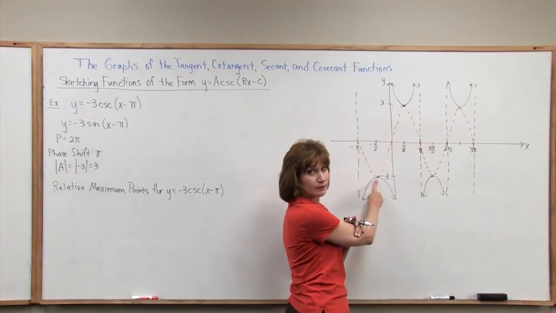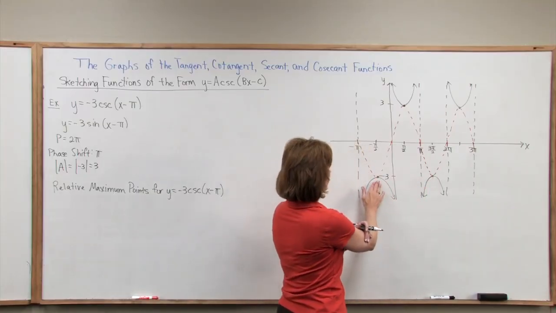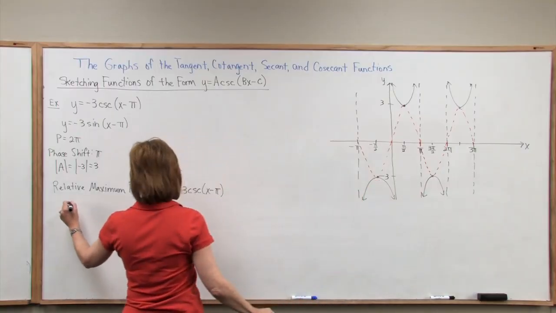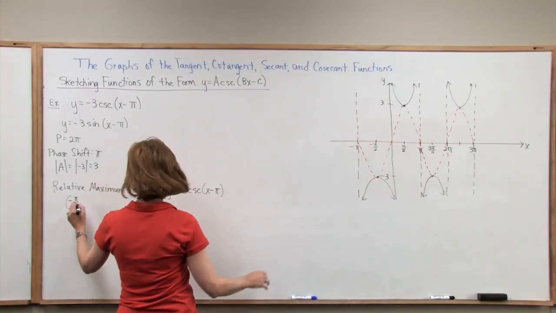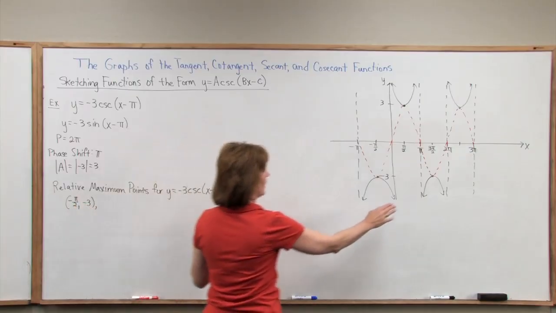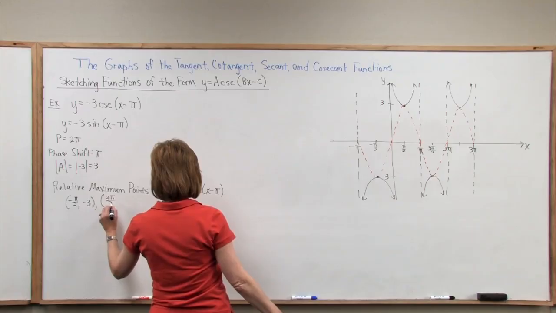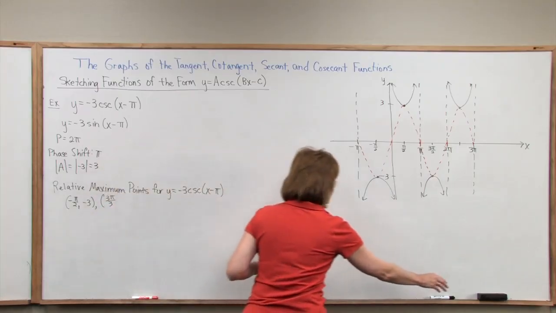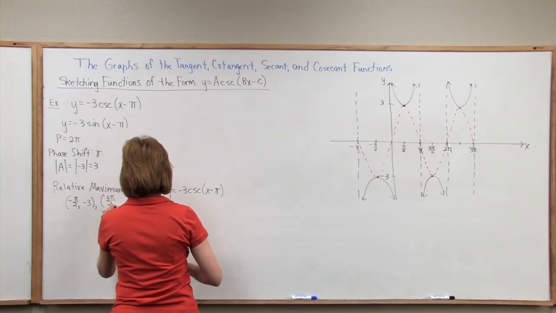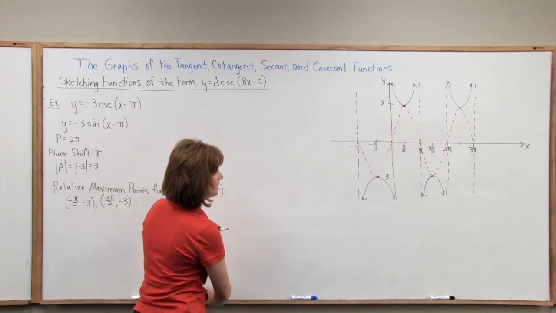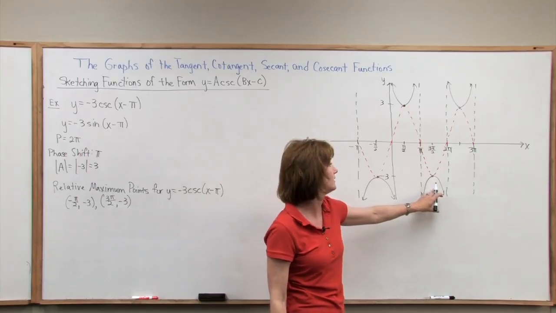This point is a relative maximum point, and this is a relative maximum point. This one occurs at negative pi over 2, negative 3, and this one is at 3 pi over 2, negative 3. And for these 2 periods, those are the only 2 relative maximum points.